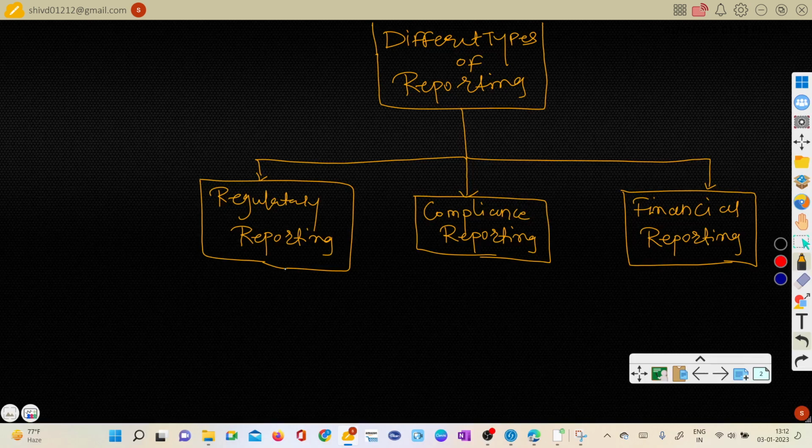If you see financial reporting, it is all about the financial position of a company, or the financial position of a fund.